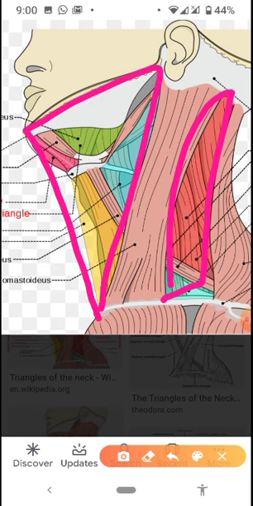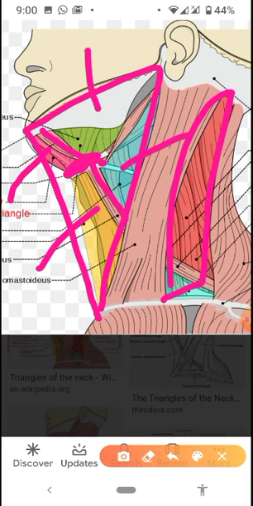The anterior triangle is further divided into four triangles by the hyoid bone, the omohyoid muscle and the digastric muscle. One, two, three and four. This portion below the mandible, you can say is the submandibular, or the digastric triangle. This one I'm talking about is below the mandible.